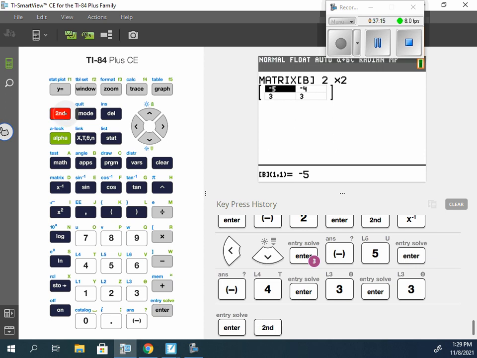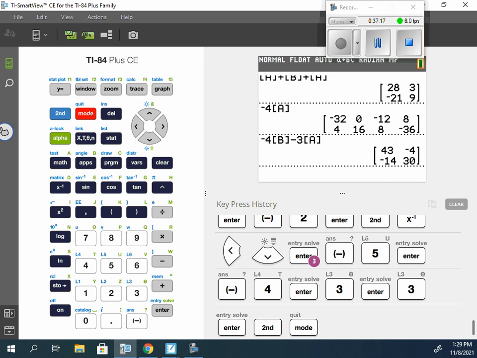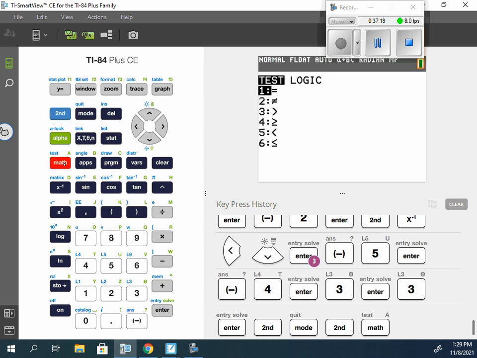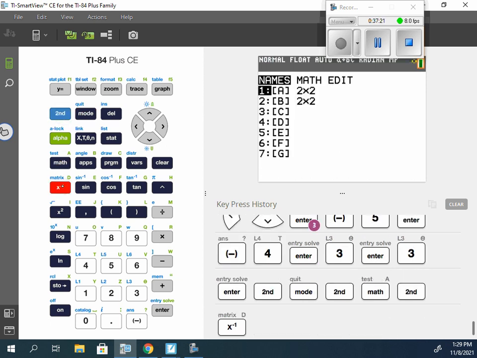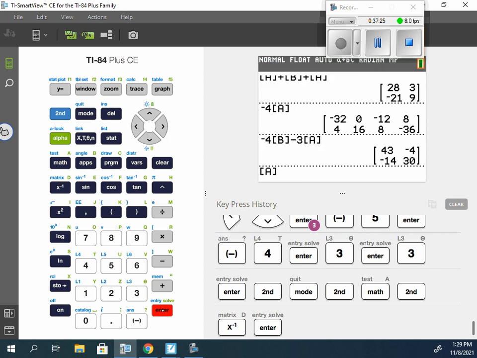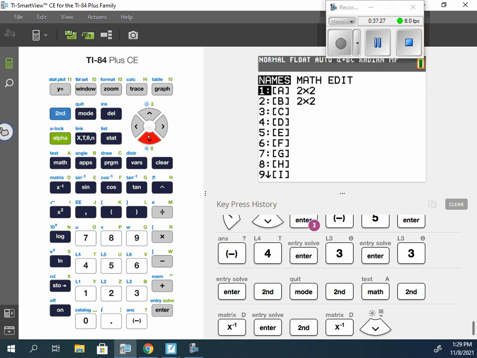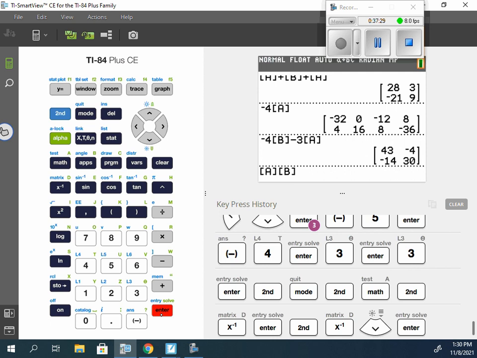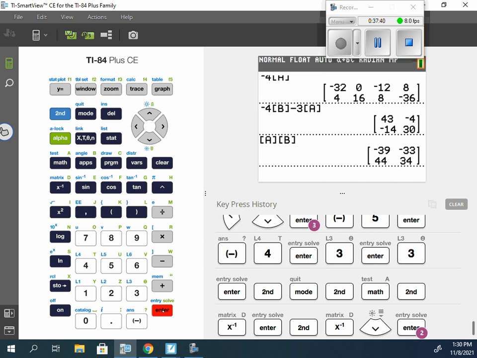So we can do second quit, second matrix. Now we wanted x first, so A, then second matrix B. Luckily, typing them next to each other, the calculator will understand multiplication, not addition, subtraction, or division. So we hit enter, and we get negative 39, negative 33, 44, and 34.